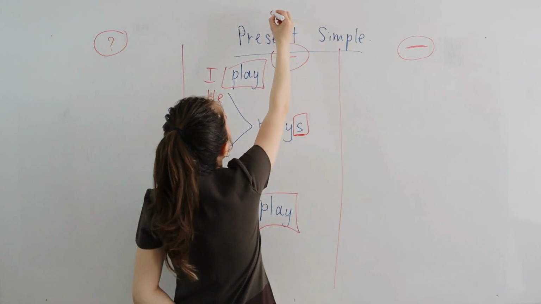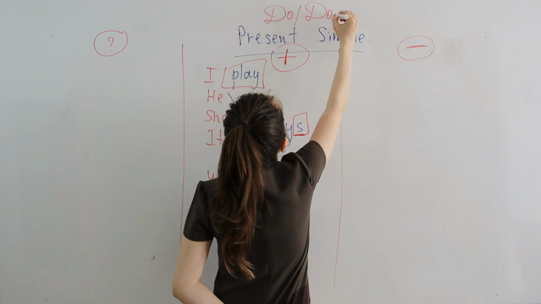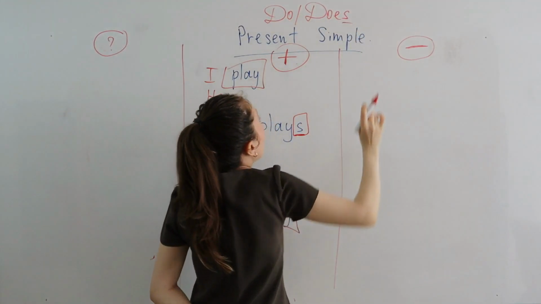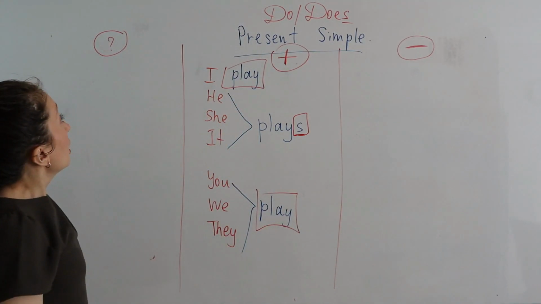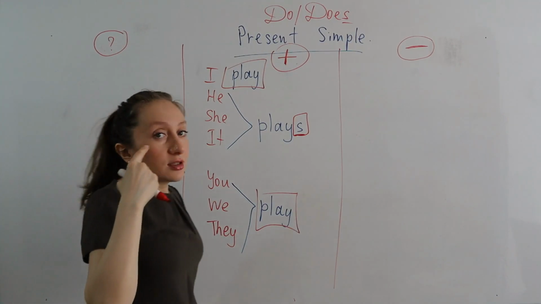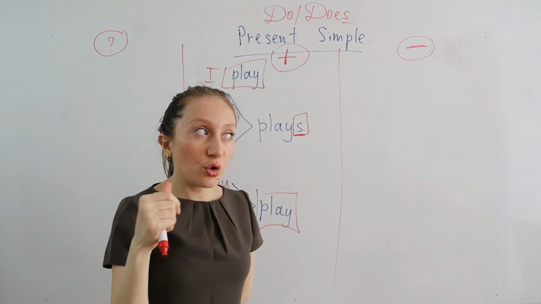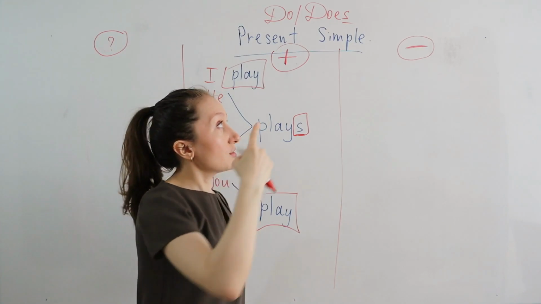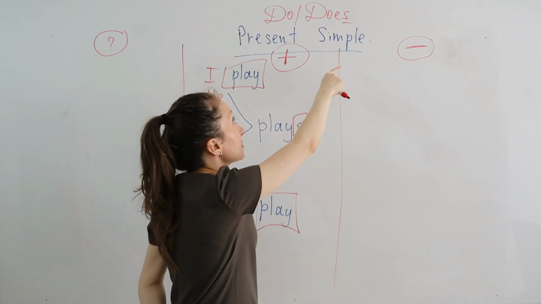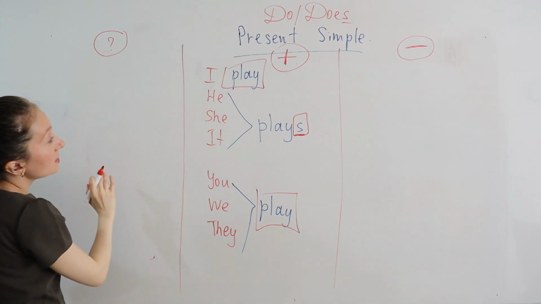For present simple, it is, remember, do and does. So we have s at the end. When do we use do? When do we use does? You hear I'm using this verb actually. When do we use this verb? So I use present simple. Let's start it from these sentences.